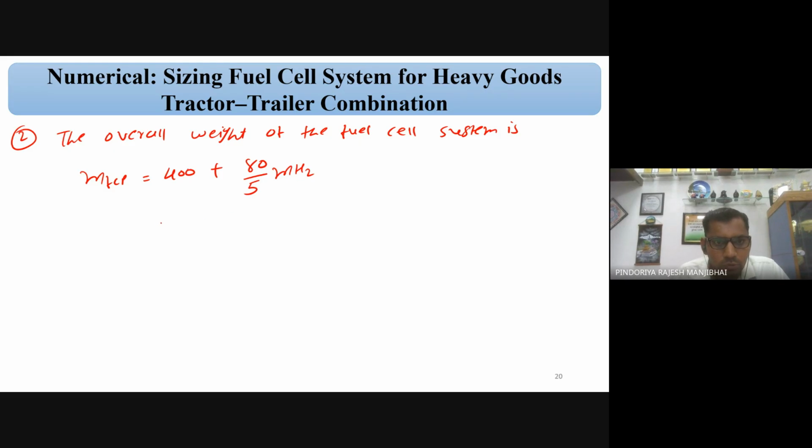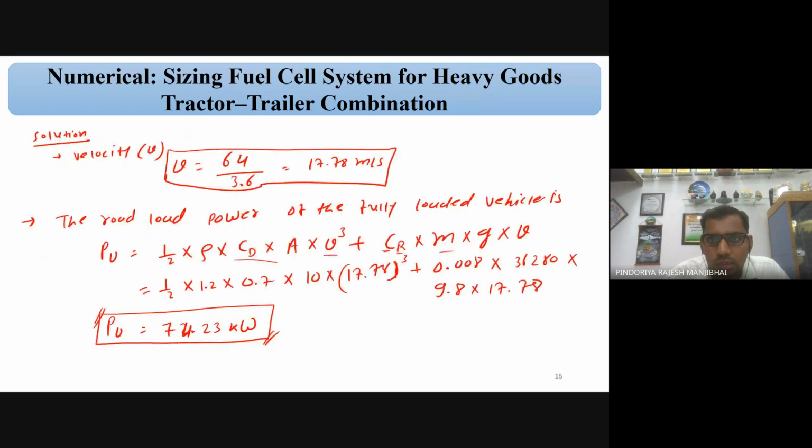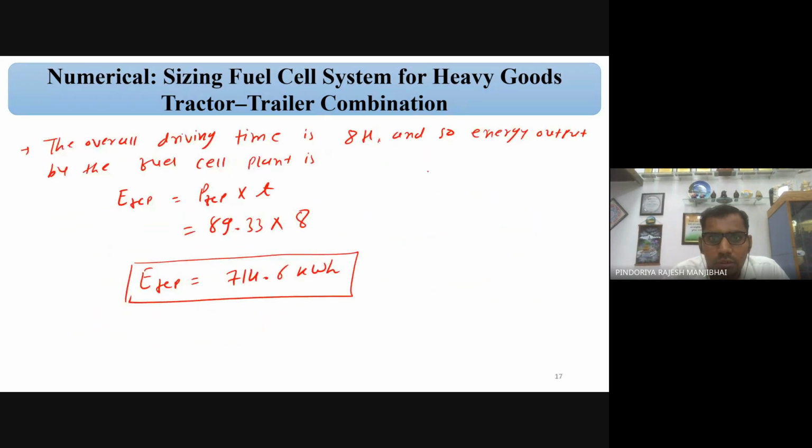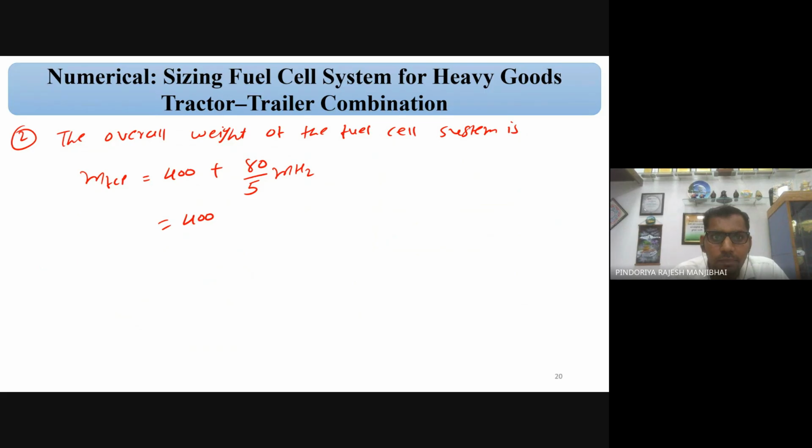Correct. So this is the formula. So we can say the 400 kilogram, because that 400 is given. So you can see this is the 400 kilogram plus 80 kg per 5 kilogram hydrogen. So that's why 400 plus 80 divided by 5, that is 5 kilogram.